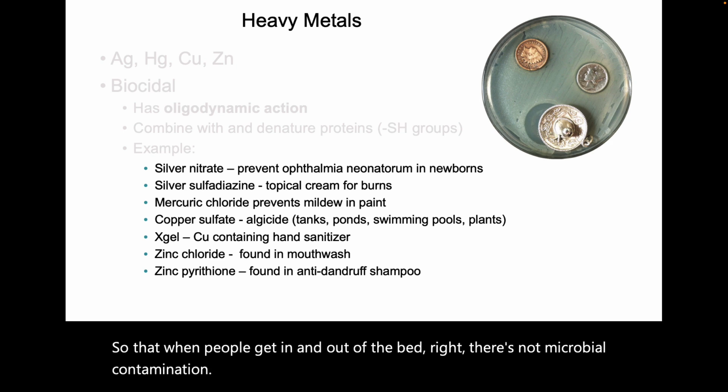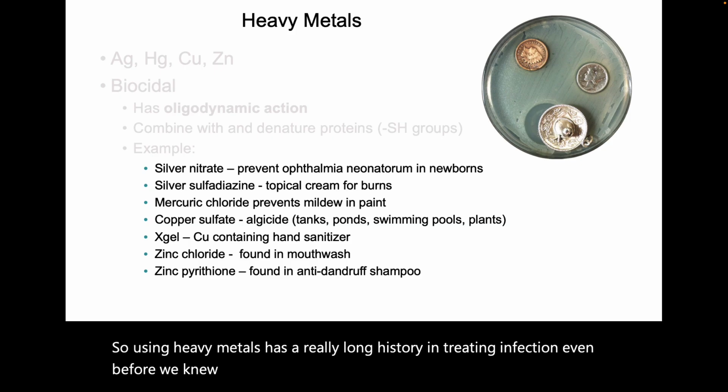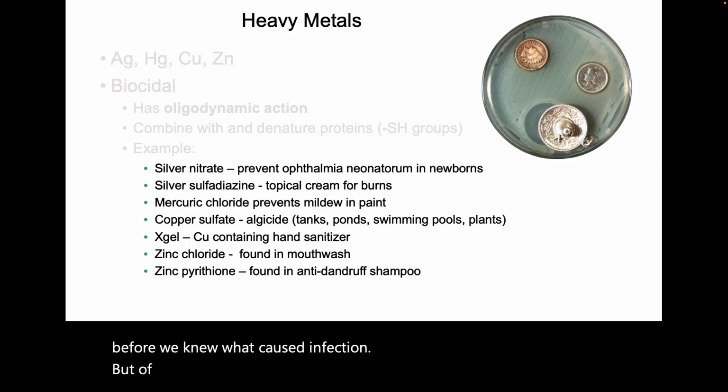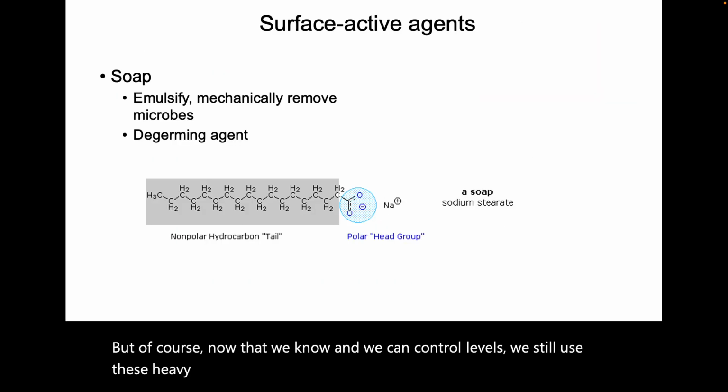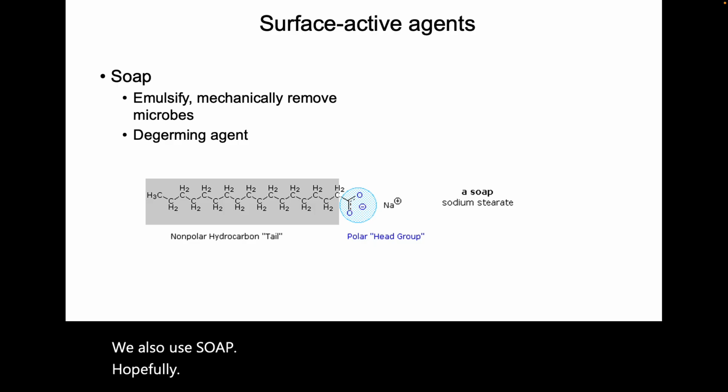So using heavy metals has a really long history in treating infection, even before we knew what caused infection. But of course, now that we know and we can control levels, we still use these heavy metals because they have really great biocidal action. We also use soap, hopefully. We have this conversation almost every day.